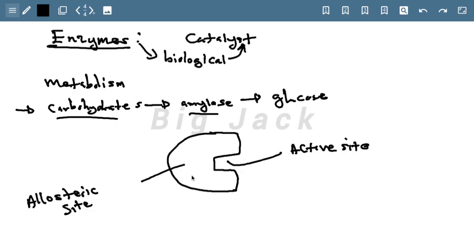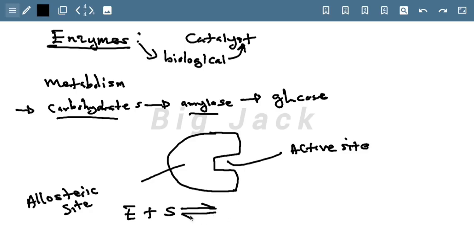Apart from that, stages of chemical reaction for enzymes. So let me just give you an example. You're reacting an enzyme plus a substrate. What should you know about this reaction? One thing you need to know is that enzymes can catalyze forward and backward reactions.